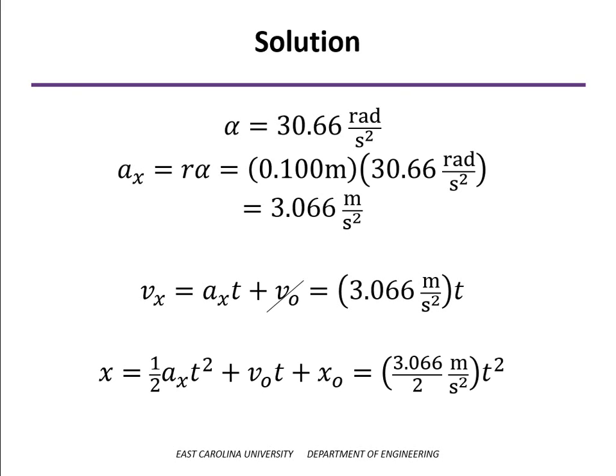And to find the distance traveled, we integrate one more time. Again, velocity initial is equal to 0, and we're measuring everything relative to the starting position, so x naught is equal to 0, and so we're left with x being the acceleration over 2 times time squared.